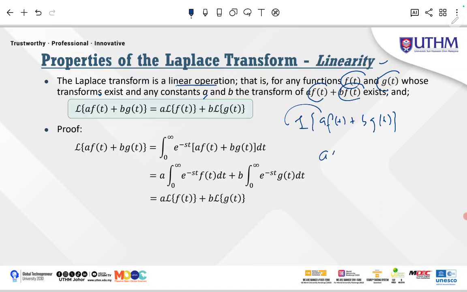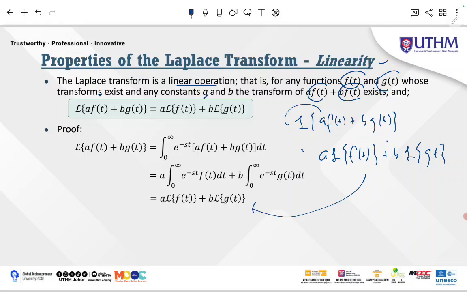So it equals a times the Laplace of f(t), plus b times the Laplace transform of g(t). So we got this one.